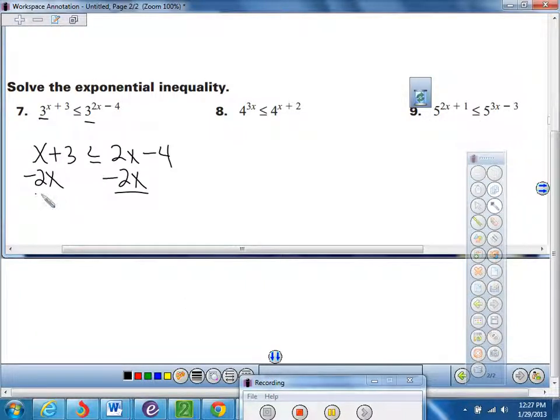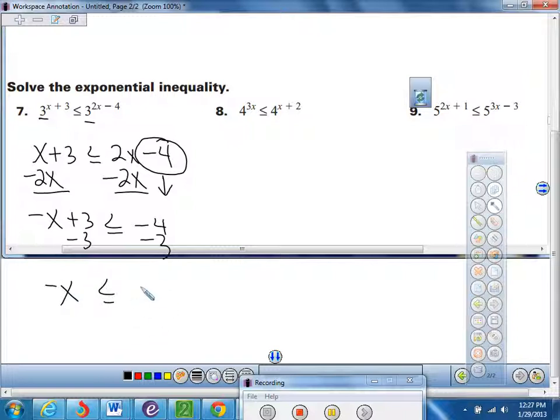Now again, you can move it the other way, so we end up with negative x plus 3 is less than or equal to negative 4. Remember to keep this together when we bring it down here. Okay, now I'm going to subtract 3 from both sides, so we end up with negative x is less than or equal to negative 7.